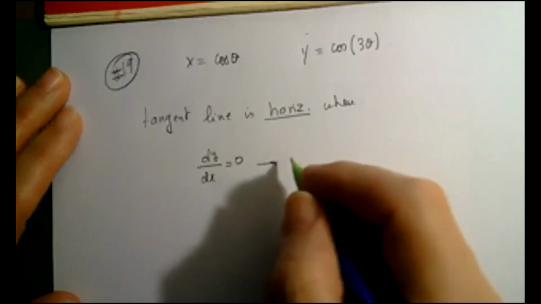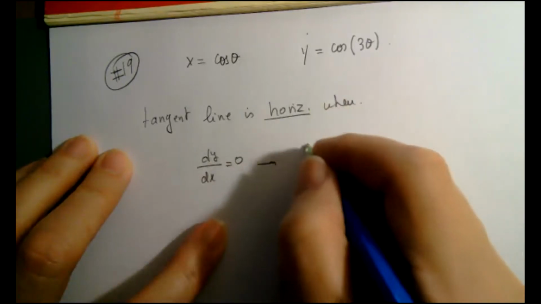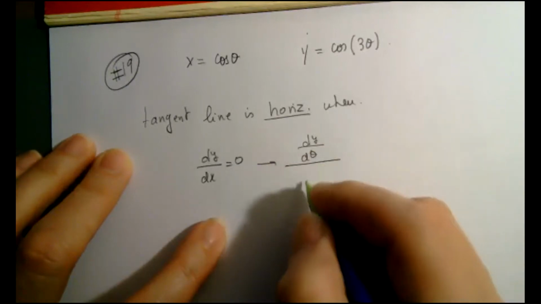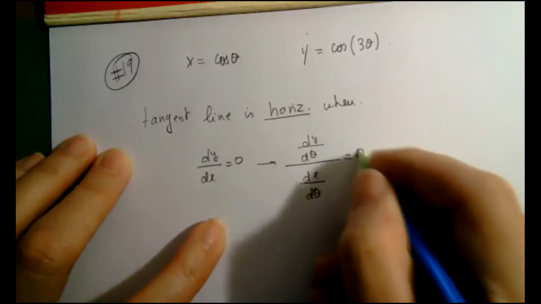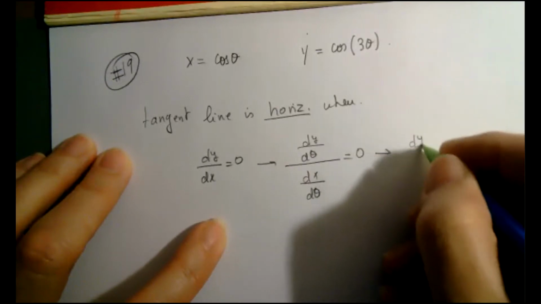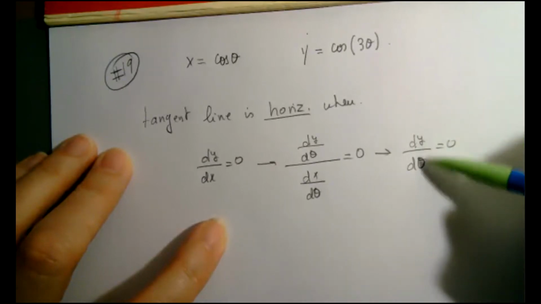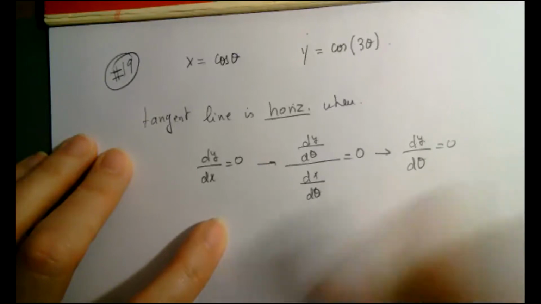Since, as we said yesterday, we don't have y as a function of x, we express the derivative in terms of theta, because they call theta the parameter instead of t. When this is equal to 0, it means that dy/d theta equals 0. Basically, when theta changes, y doesn't really change much.